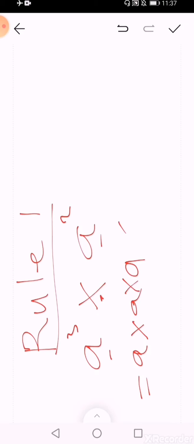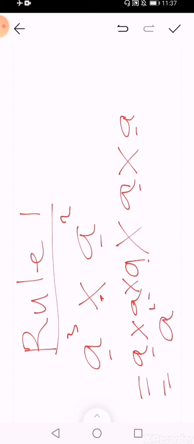And a to the power 2, or a squared, is a multiplied by itself 2 times. Now we have a multiplied by itself 5 times, so we have a to the power 5.